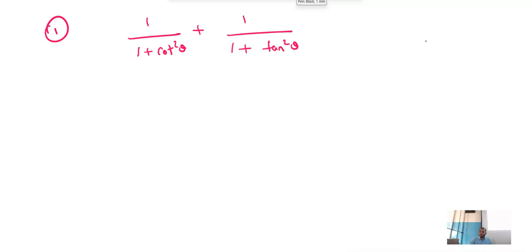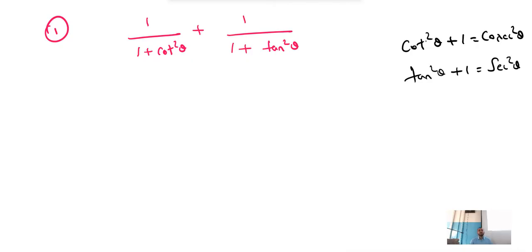Then apply the identity: cot square theta plus 1 is equals to cosecant square theta. Now identity is being used in this question. Write the identity, whichever identity you are going to use. For cot square, write that identity first, before solving any problem. Similarly for tan square theta, our sir said tan square theta plus 1 is equals to secant square theta. Your sir is also on the right track.